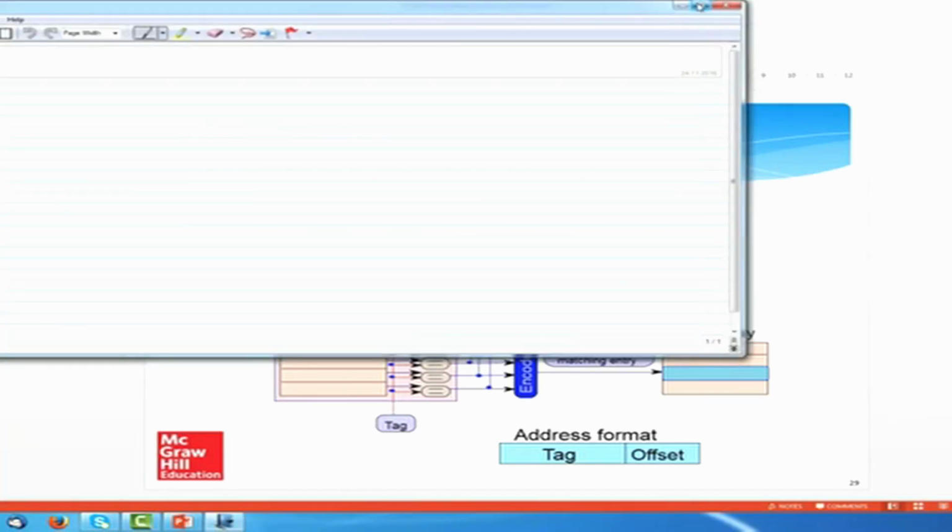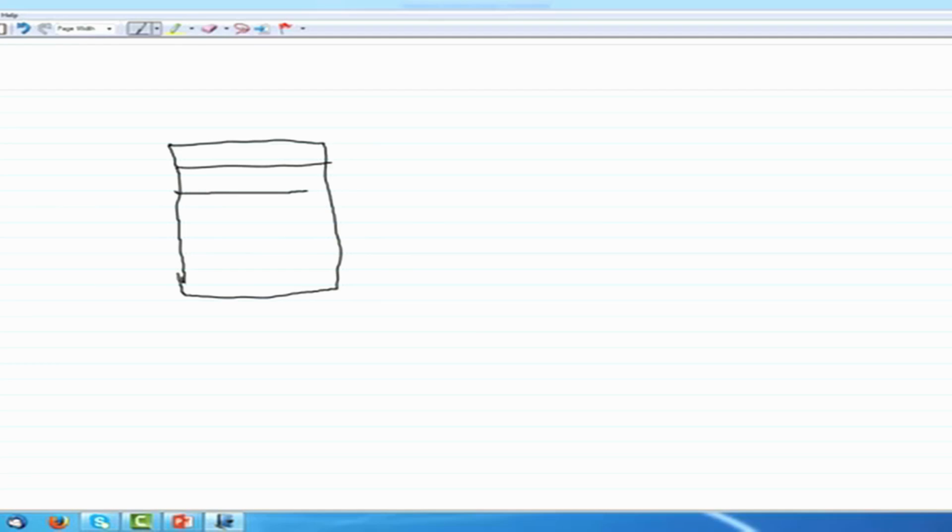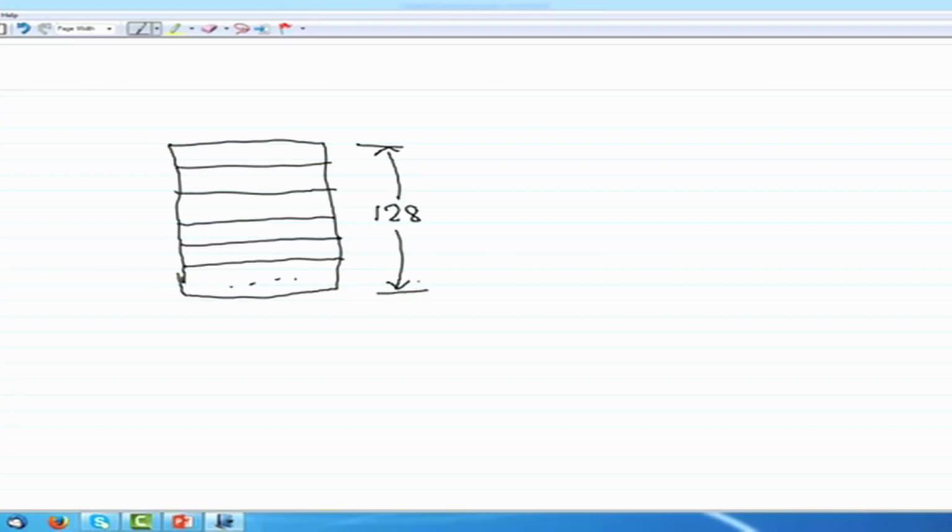So the problem that we have at hand is that we have a cache with 128 entries. Right?